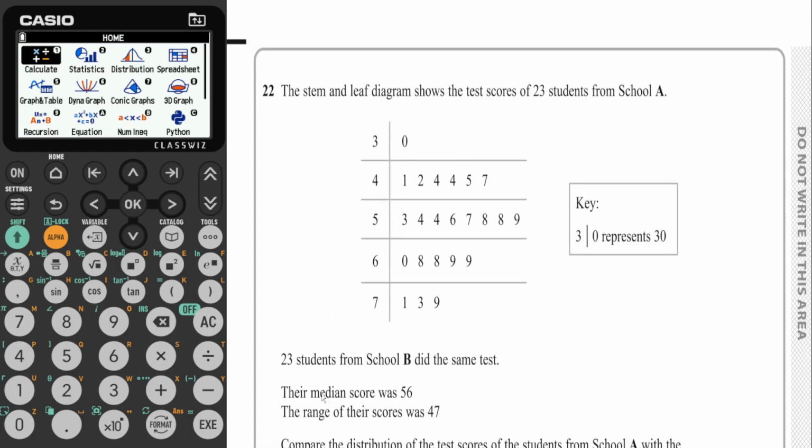Well, we are given for School B the median and the range, and with this stem and leaf diagram we can do the same thing with School A. To work out the median, let's count from either side. So we cross these out. As so.